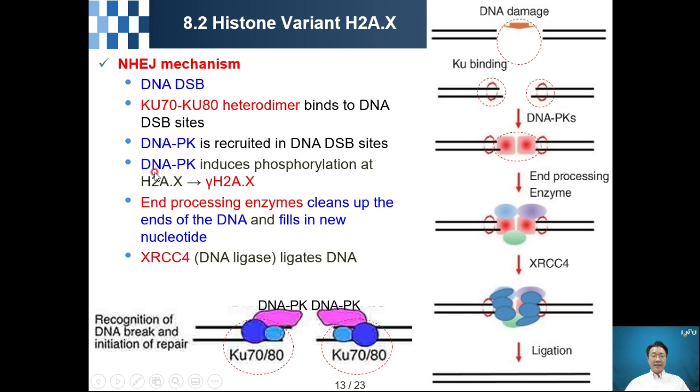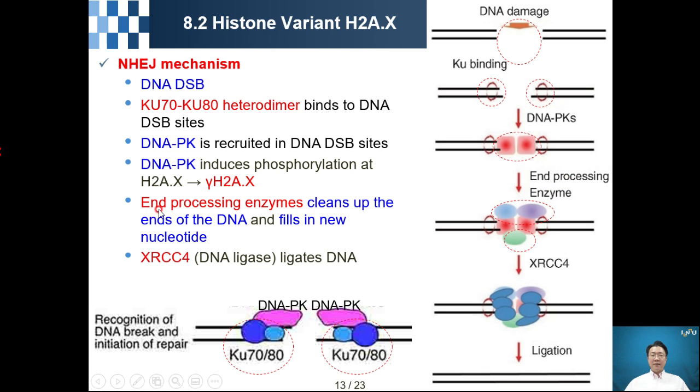After that, DNA-PK induces phosphorylation at H2AX, especially at the 139th serine location. So finally, they make gamma H2AX. After that, it will recruit other enzymes, which we call end processing enzymes.